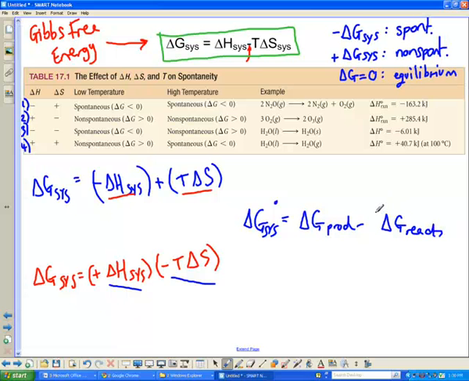Of course, I'm adding all these together, so these are all sums. So the sum of the free energies of my products minus the sum of the free energies of my reactants.